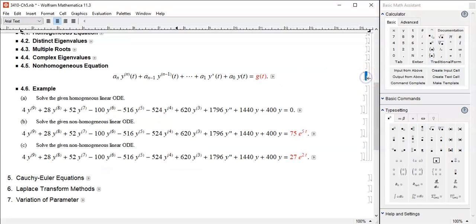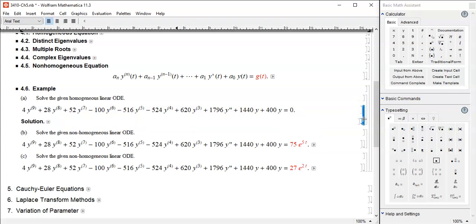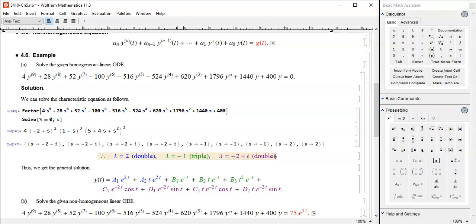Okay, let's see. Here's an example problem. Okay, the same homogeneous part, which gave us, let's see, these eigenvalues, lambda equals 2, -1, and -2 plus or minus i. Okay, all right.